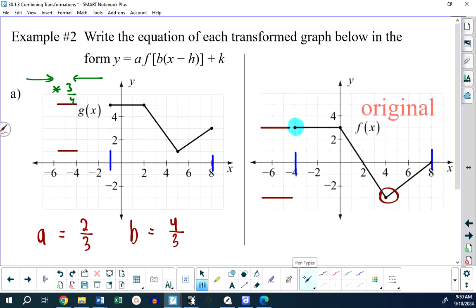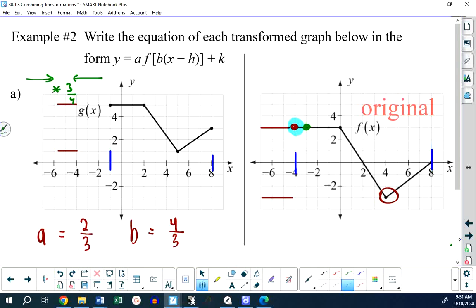Well, I'm going to take this point, which is 4 away from the y-axis, and we're going to stretch it horizontally by a factor of 3/4. And I'm not doing this with mapping and numbers. I'm just saying that it will then land here. Would you agree? Think about that for a second.